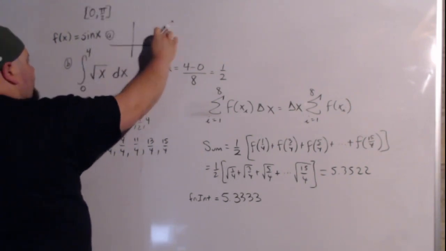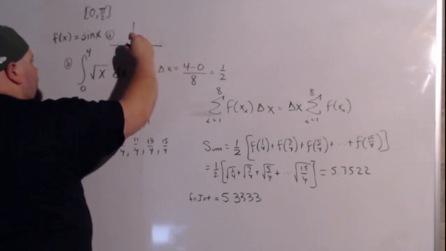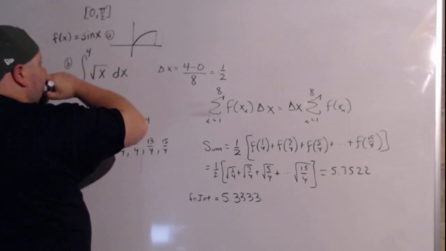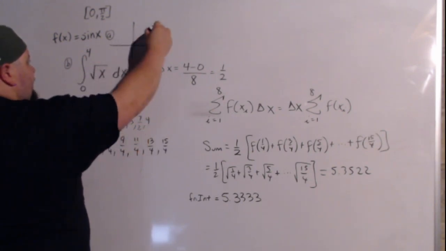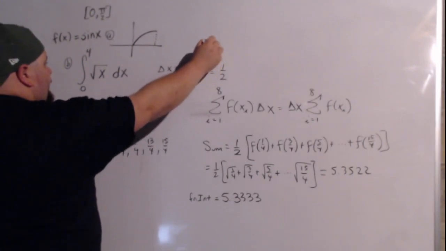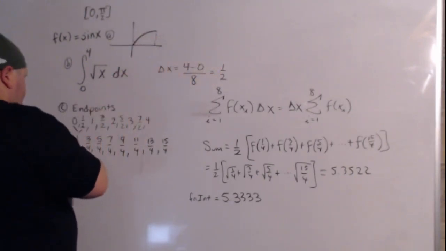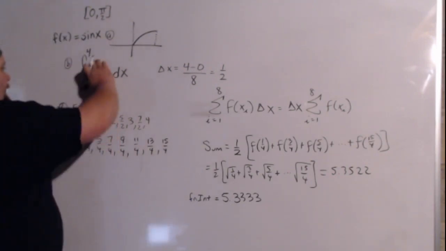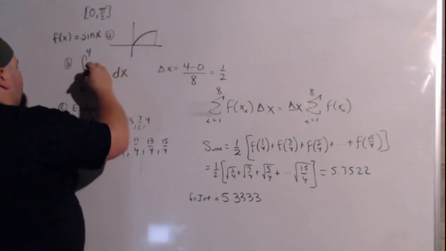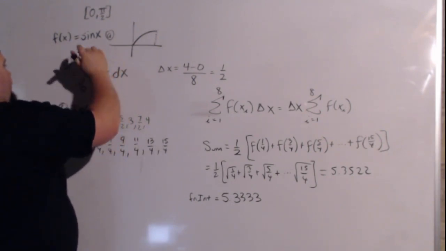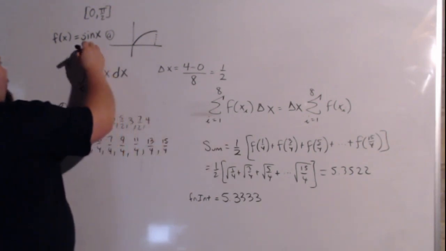My function then is going to look like this, right? Because sine pi would be here, 3 pi over 2, and then 2 pi. So its peak would be pi over 2. So the function looks very similar, which means we can probably expect the answer to be pretty close as well.